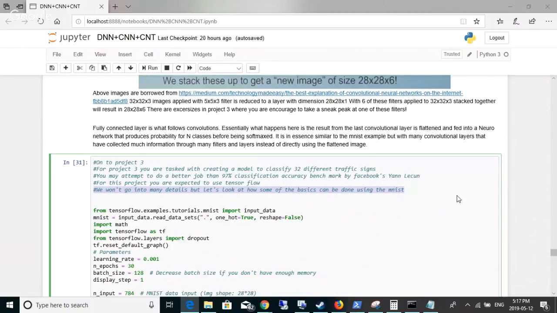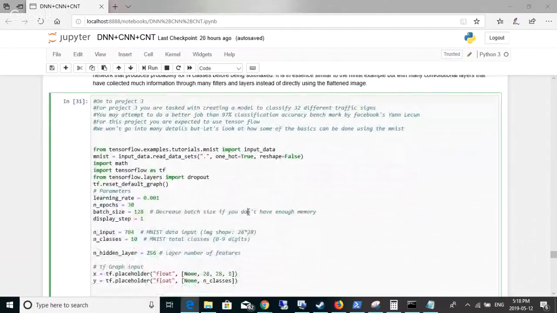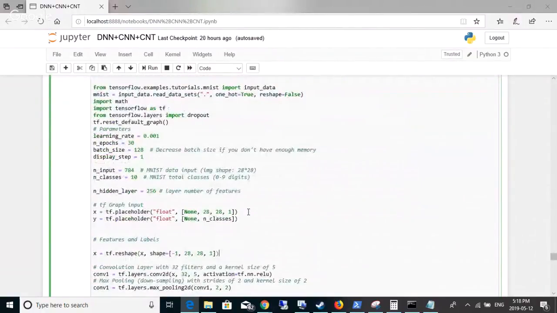So I'm not going to go into details of the project, but let's see how you can do some of the basic stuff with TensorFlow, and this is done using the example of MNIST. You already know about the MNIST example, but you can see there's some difference here.